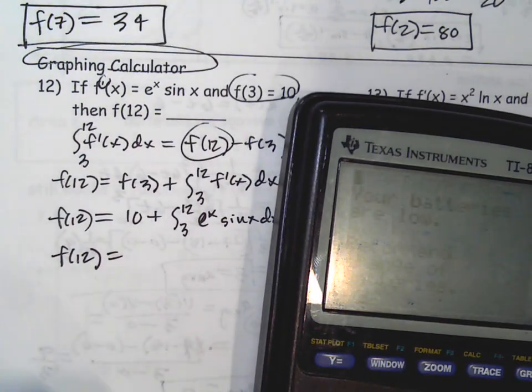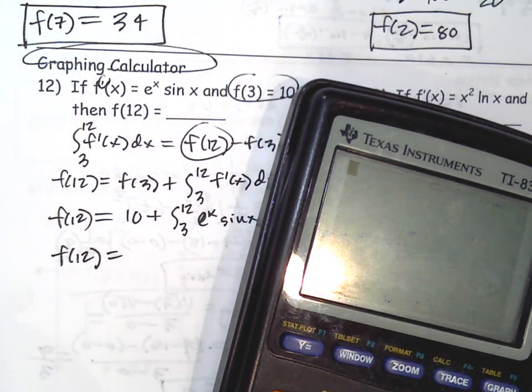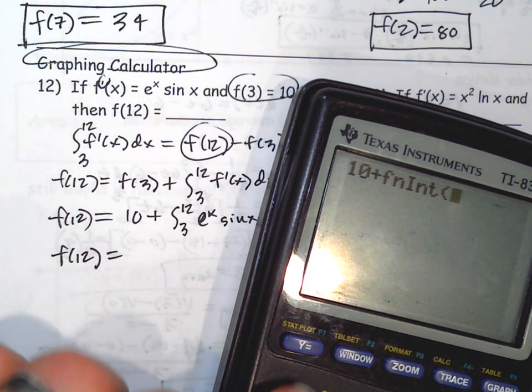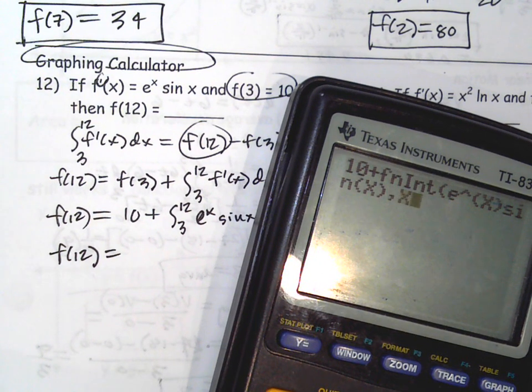I would rather do it in here. So I'm going to do this all as one line. I'm going to say 10 plus math 9, e to the x sine x, and it better be in radian mode, comma x, comma 3, comma 12. Thinking.